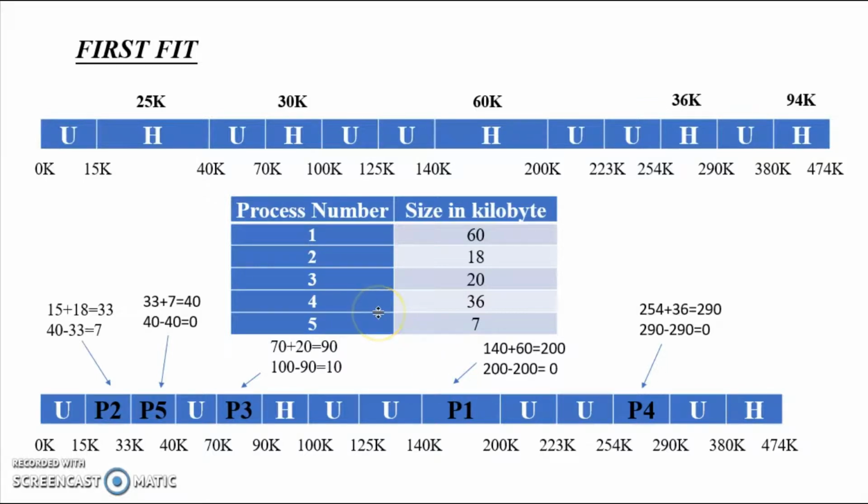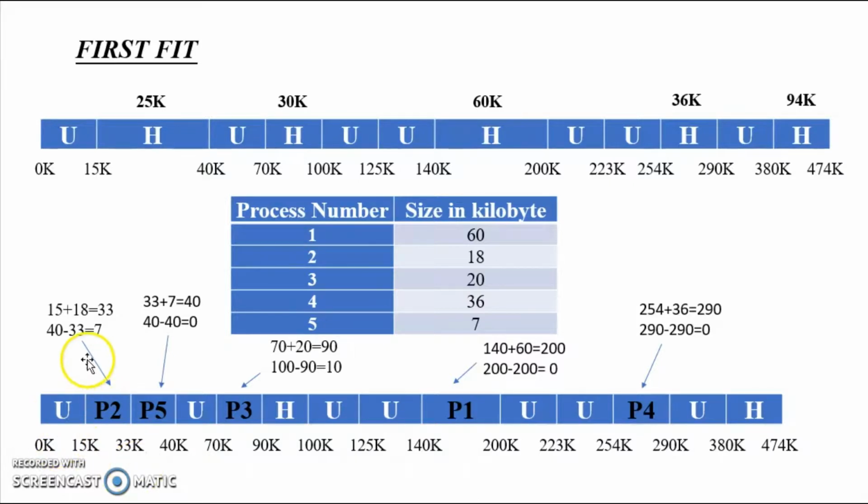So the second process number is number 2, and the size for process number 2 is 18 kilobyte. So it comes into the first hole, which got 25 kilobyte. It can fit the second process, so we put the second process at the first hole.